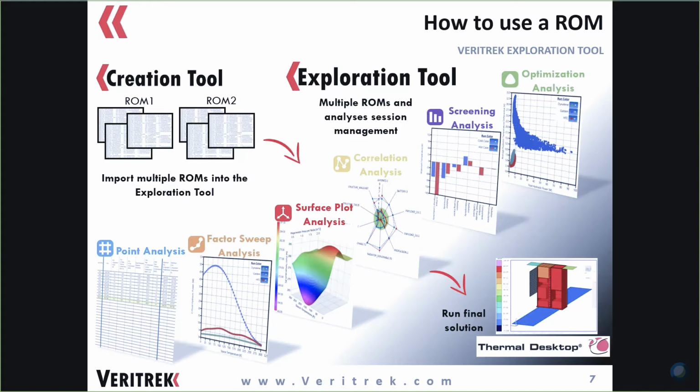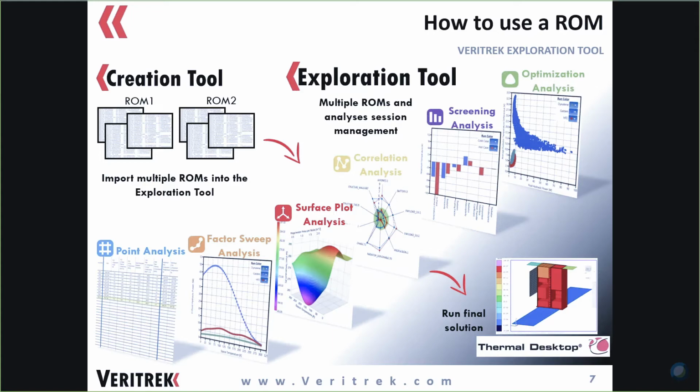So this assumes that we have already built our reduced order model in the creation tool. We've tested it. We're comfortable with how it's performing. And so all we have to do is import that ROM into the exploration tool, and we can use any of the 6 analysis features that we provide inside of the exploration tool to perform our rapid thermal analysis.